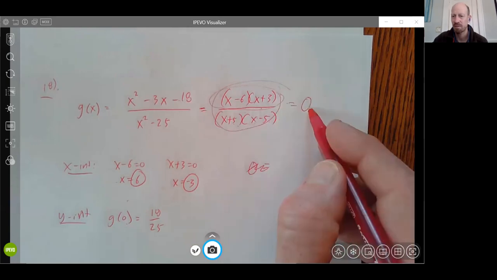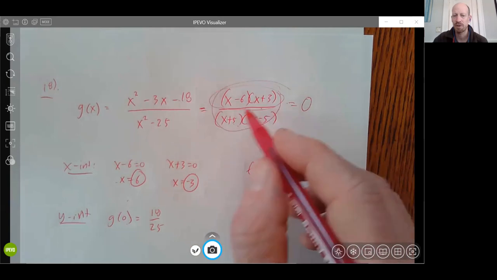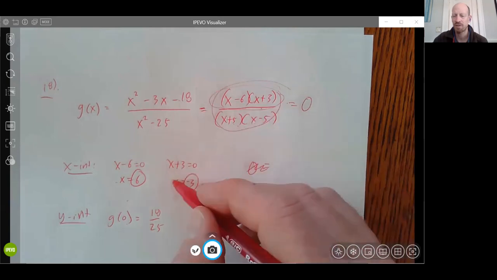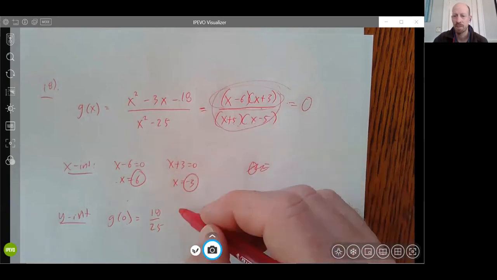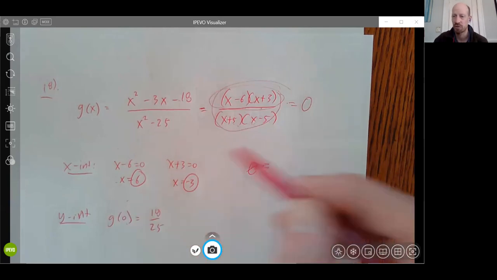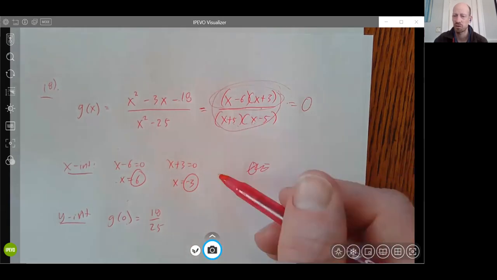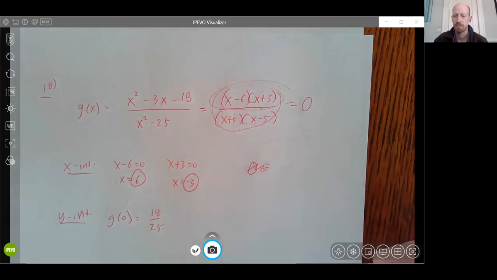The bottom can't make a fraction 0. It's only the top. So that's why we end up setting these factors equal to 0 and solving them. And then for the y-intercept, we set x equal to 0. So it is the same process that we do normally, but maybe it's taking a little shortcut to just look at the numerators directly.